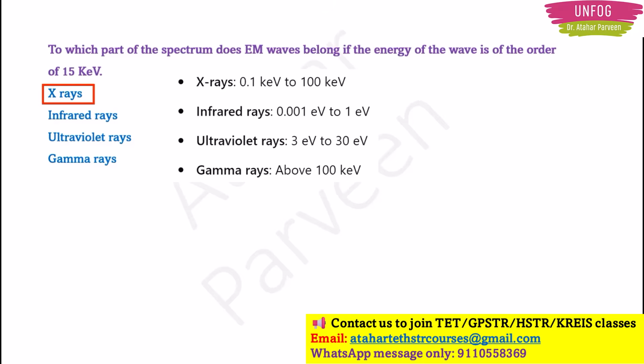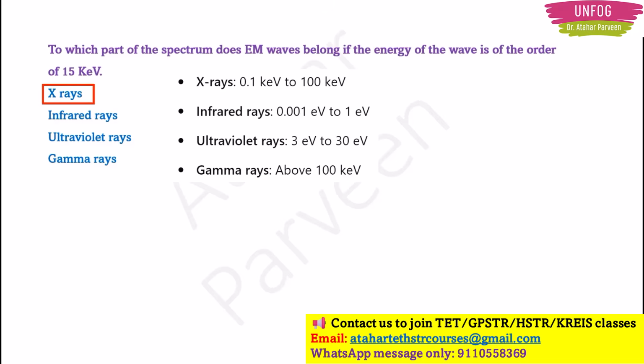By using that formula you can finally conclude that the answer is X-rays, but I would suggest you don't do all that. Just remember these ranges. See here, X-rays have a 0.1 keV to 100 keV energy, whereas gamma rays have energy above 100 keV.